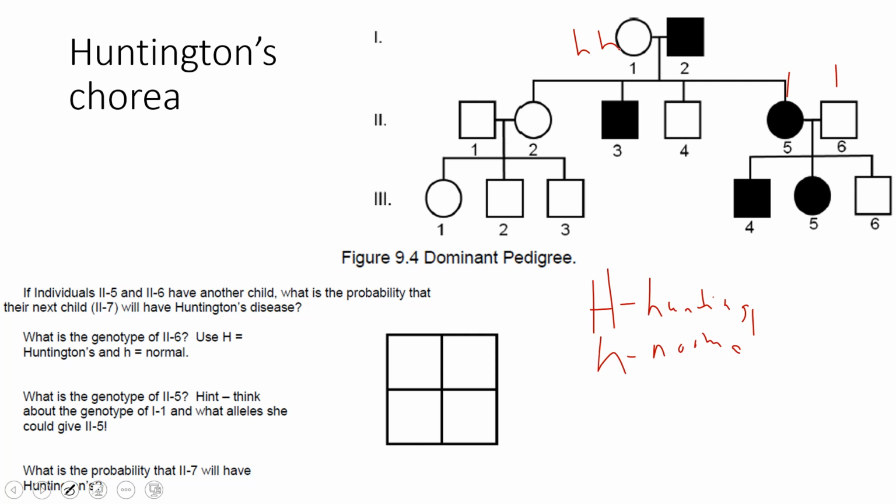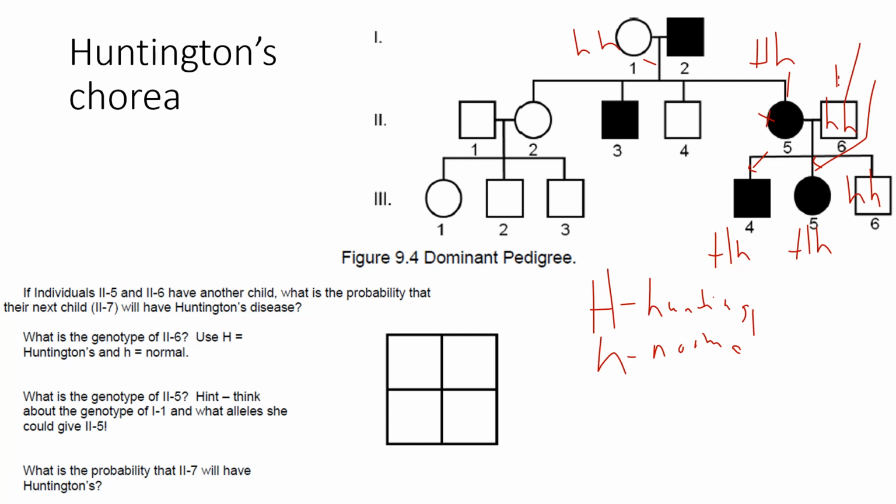Now that we know that much, we know this person is that, this person is that. Well, in order for this person to make kids that have it, we know that both of these kids must be heterozygous. And again, since this person had a parent who was homozygous recessive, we know that that parent must be heterozygous as well. What is the genotype of individual 2-6?